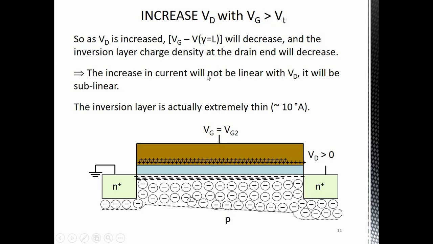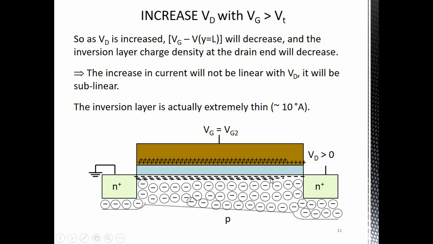Alright, this has two implications also. The third one we'll come to in a minute. One implication is that the inversion layer density keeps changing as the drain voltage is increased, which means that the total conductivity of the channel is reducing as the drain voltage is increased.